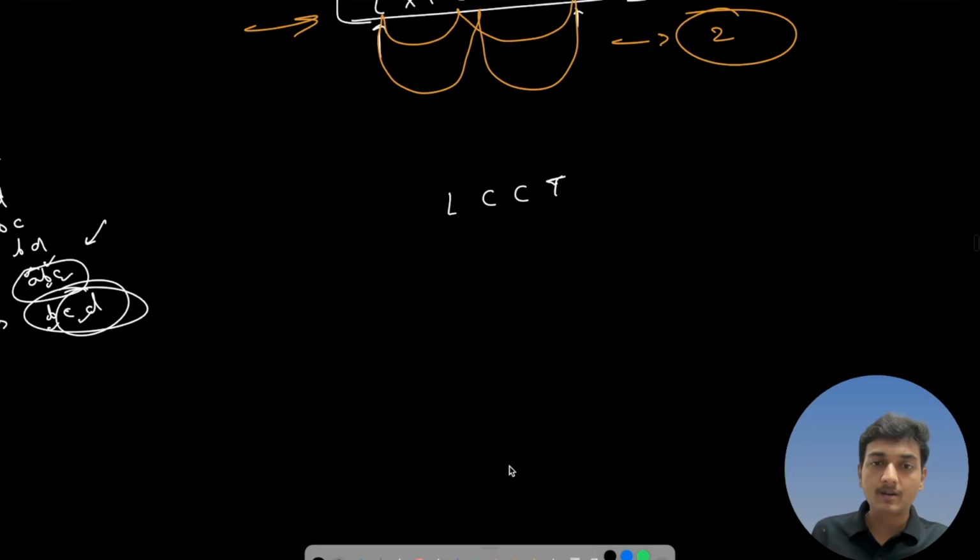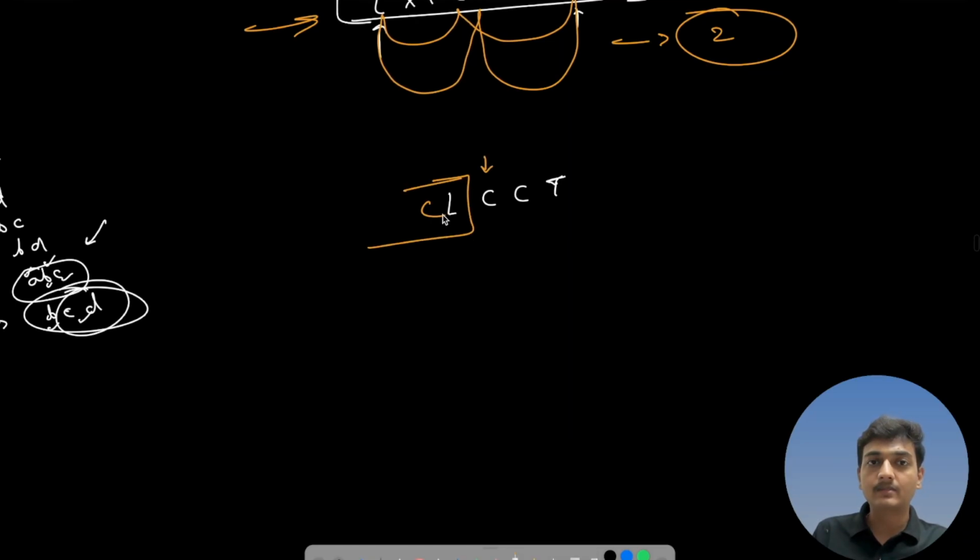So how will we approach to solve this problem? The intuition, the idea behind solving this problem is that we have to calculate, for this C, how many L's are on the left side, and for this C, how many T's are on the right side. If I write with the marker, for this C, what matters to me is how many L's are on the left side.